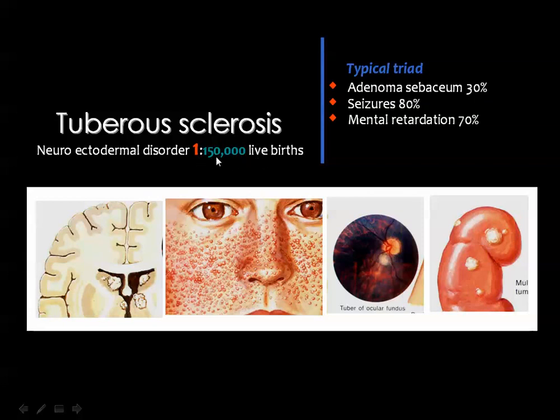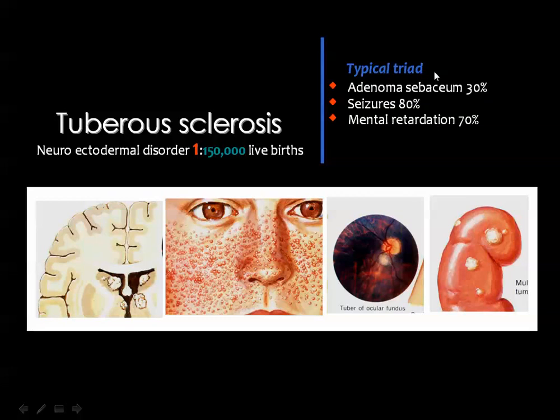This disease is diagnosed by the well-known clinical triad, which includes adenoma sebaceum, seizures, and mental retardation.